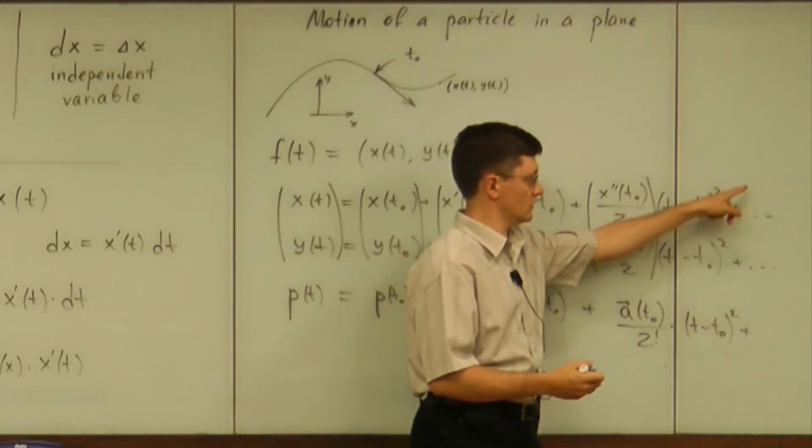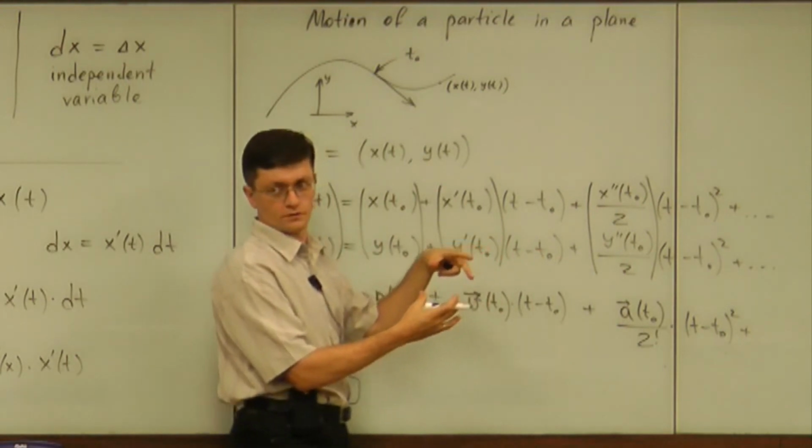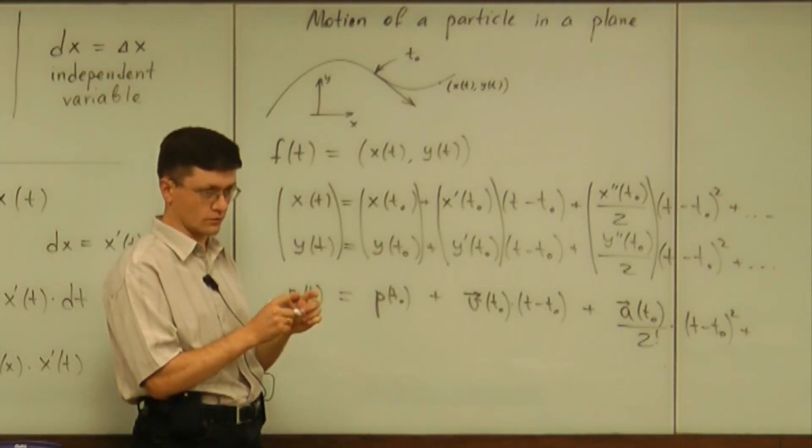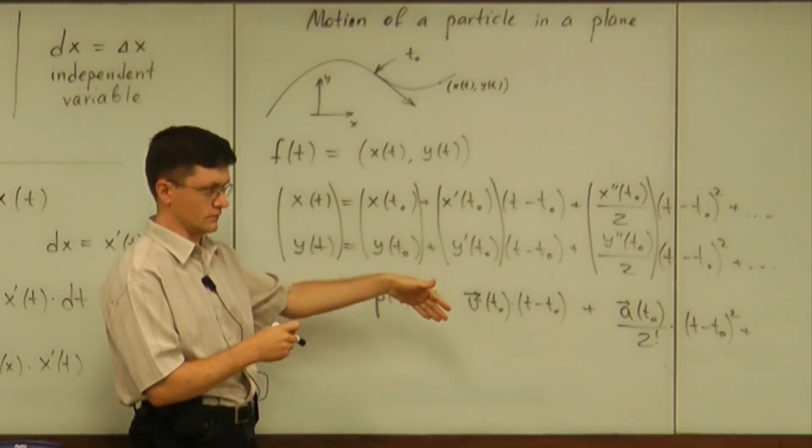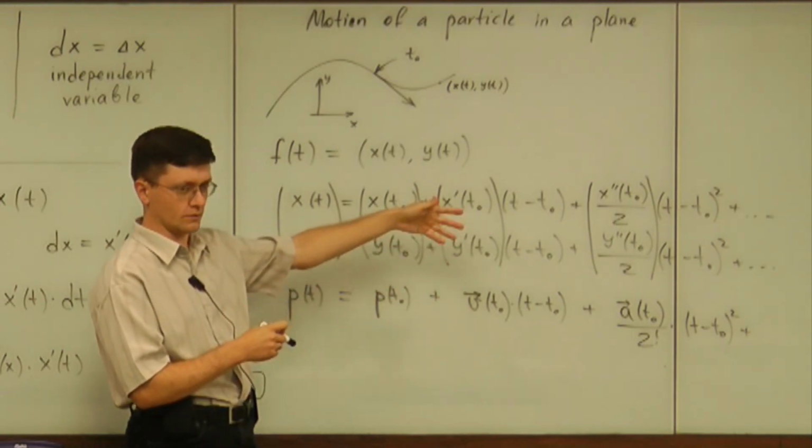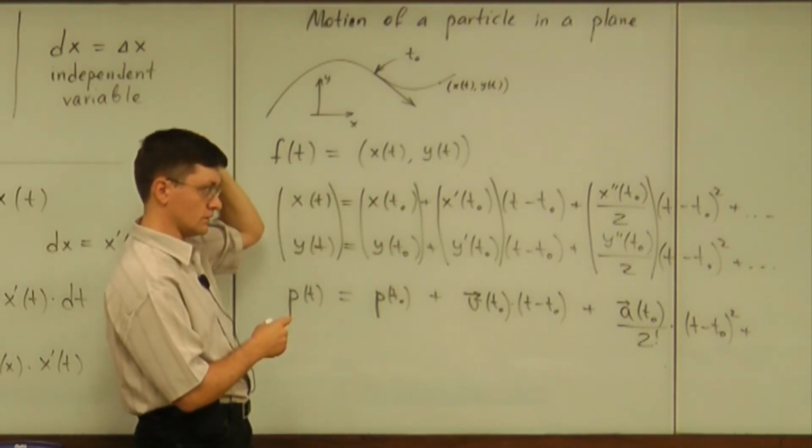The next will be a vector made by third derivatives, that's the jerk, divided by 3 factorial, multiplied by t minus t0 cubed, and so on.